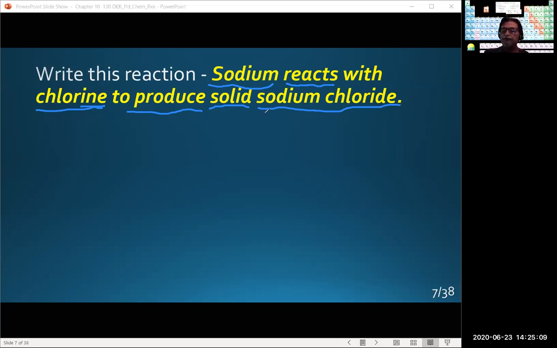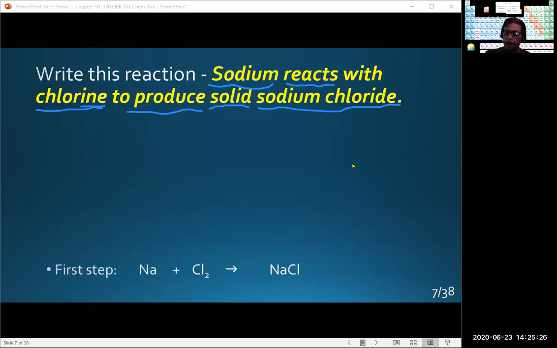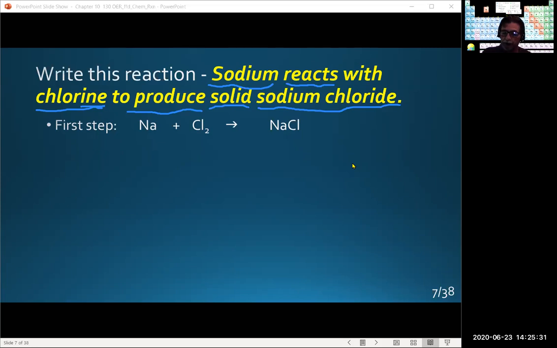Otherwise, they would have said an aqueous solution, and then we would have used the physical state AQ. The other aspect to remember is that chlorine is one of the diatomic molecules, so we write the reaction as follows: sodium plus chlorine, which is diatomic, arrow, solid sodium chloride. So we've written the reaction.